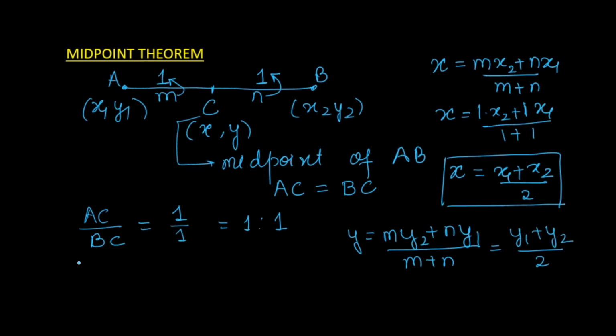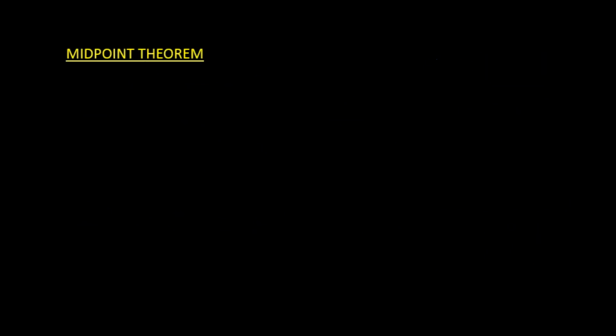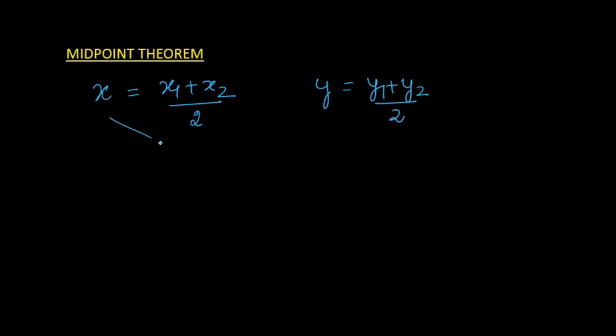So the midpoint formula is derived from the section formula when the point divides a line into two equal parts. According to the midpoint formula, the coordinates of the midpoint of a line are the sum of the x coordinates of the two endpoints divided by 2, and the sum of the y coordinates of the two endpoints divided by 2.